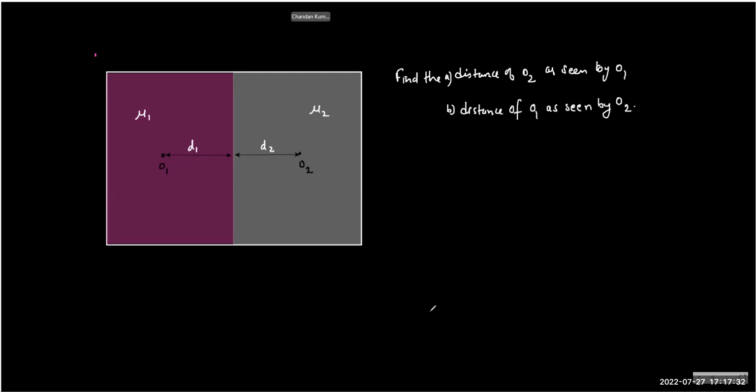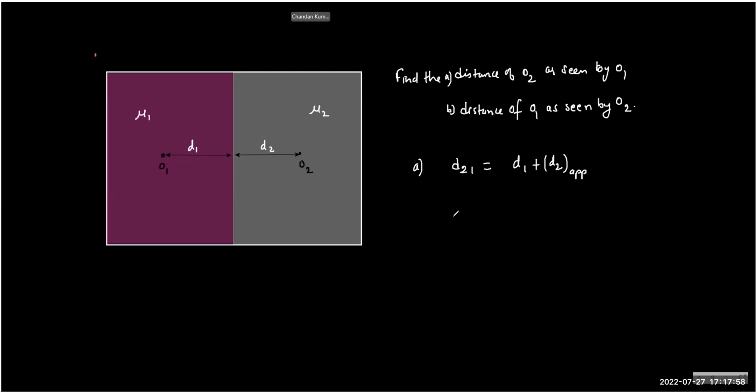So the distance of O2 as seen by O1 we can write as D1 plus D2 apparent, because you cannot see D2 completely, right? You can see the D2 apparent value.